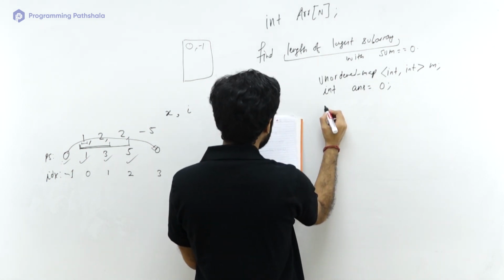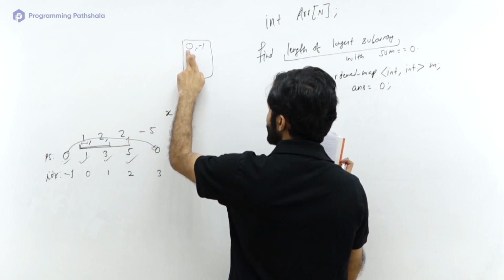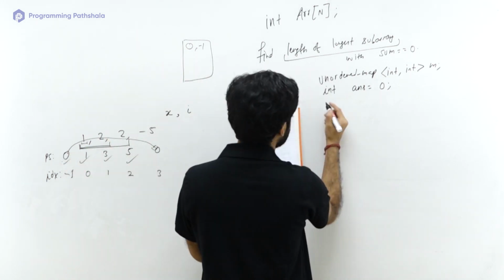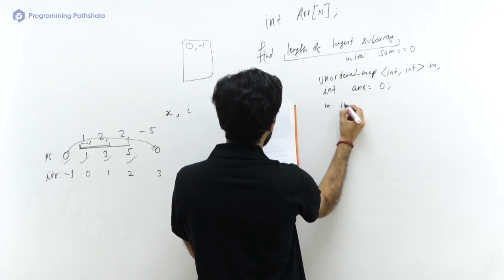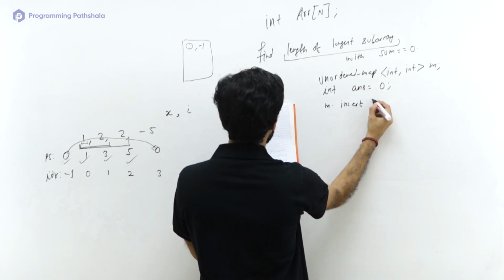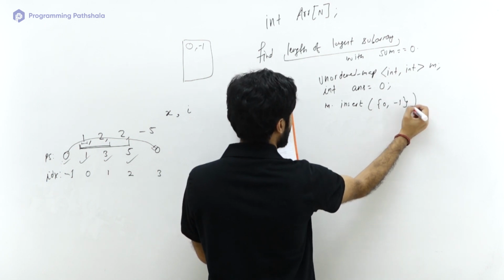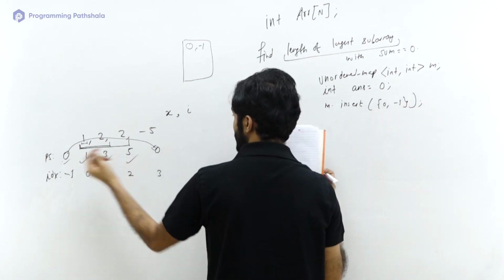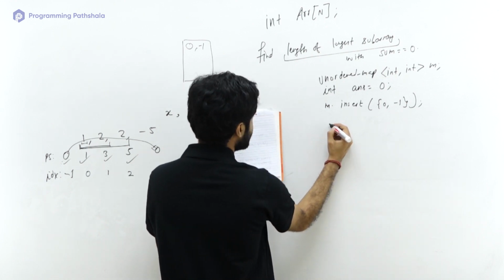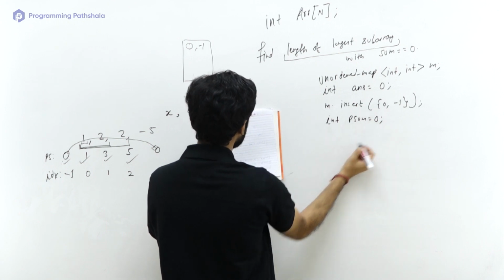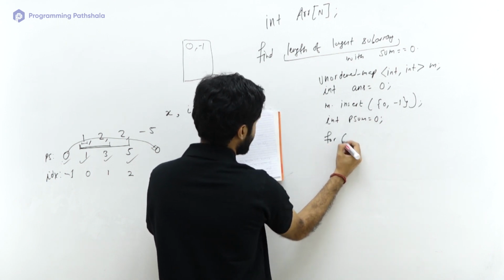Now the first thing that I'll do is initialize my map with 0, -1, which is the contribution of the empty prefix. So I'll do map dot insert 0, -1. You know, -1 is the index for the empty prefix. Now I'll initialize a prefix sum variable, which is initially 0, and then I'll start my iteration on the array.